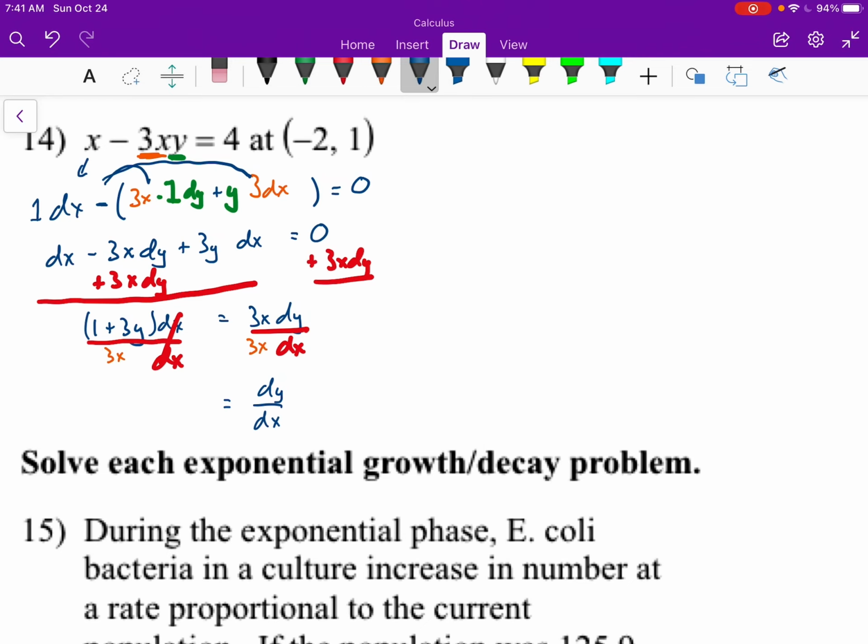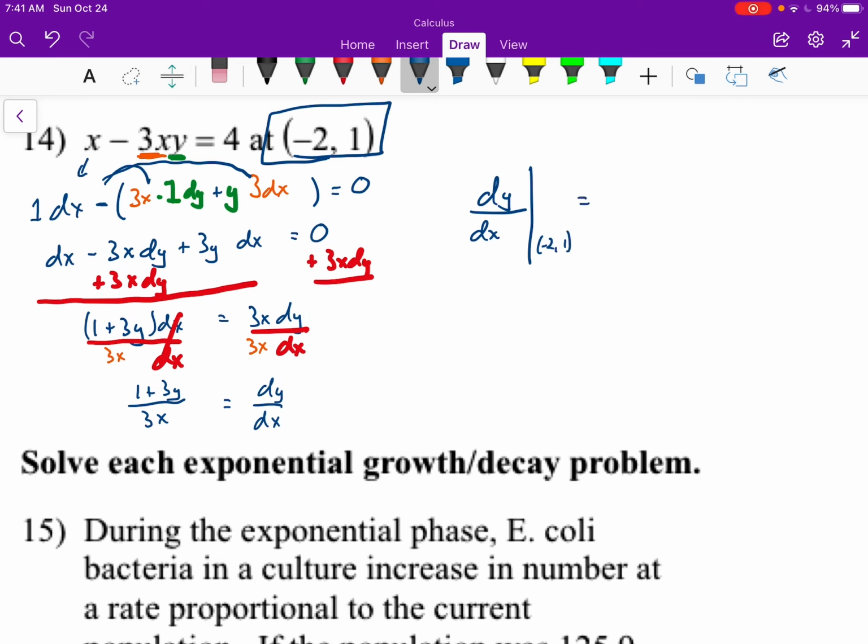And so the derivative is 1 plus 3y over 3x. But we want to evaluate this at the point -2, 1. So we're going to put that in there, dy dx, evaluated at -2, 1.